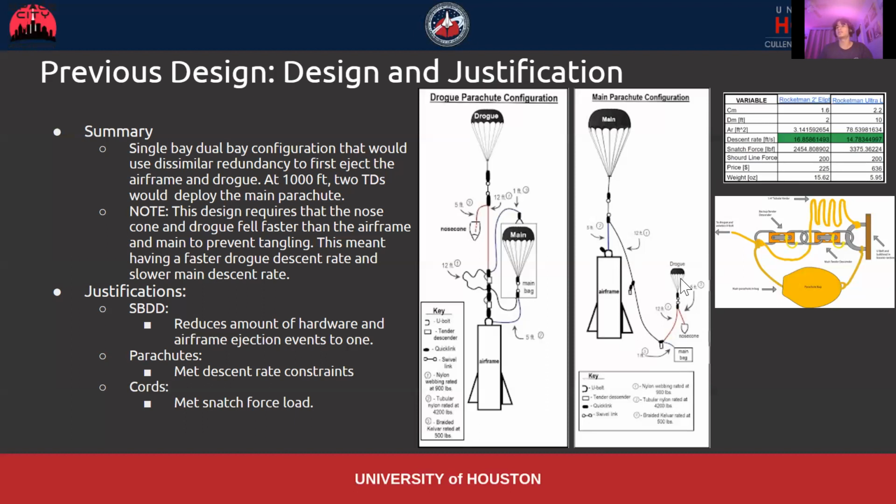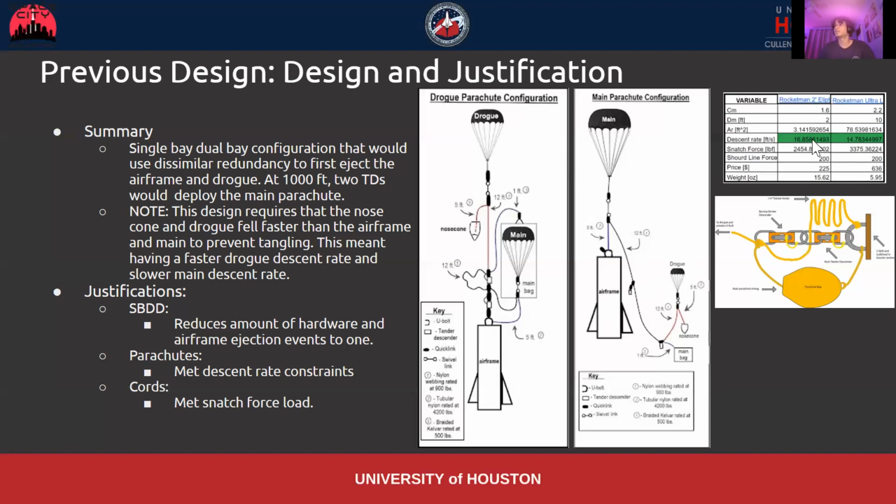For the drogue, this meant falling within the descent rate of the drogue, which is 75 to 150 feet per second in this configuration. But then when we deployed the main, we wanted this to fall faster than the airframe and the main parachute. And this is what this figure shows here.